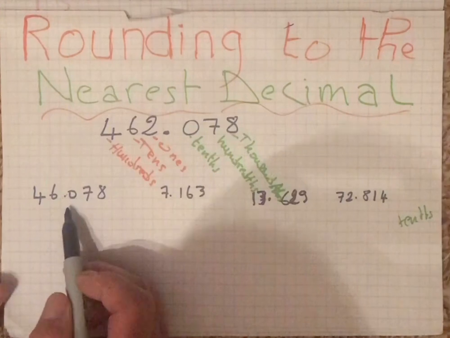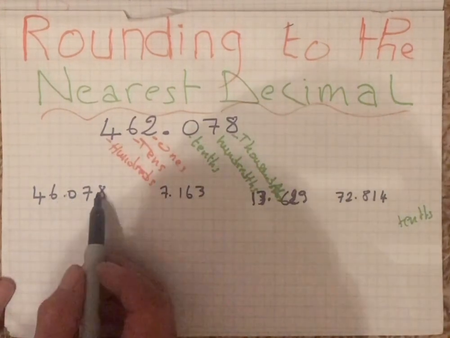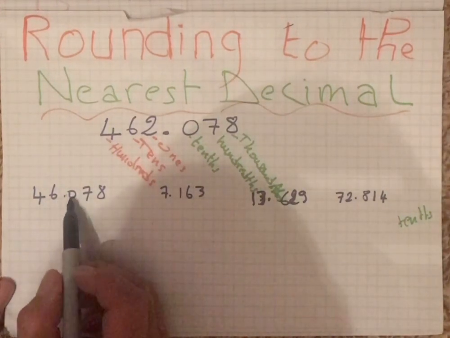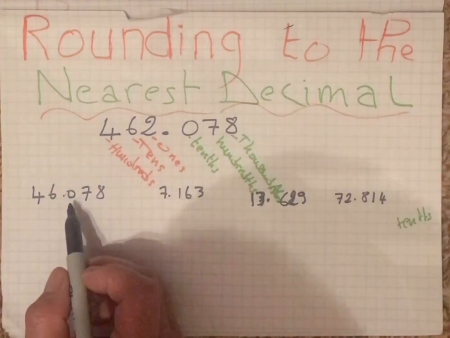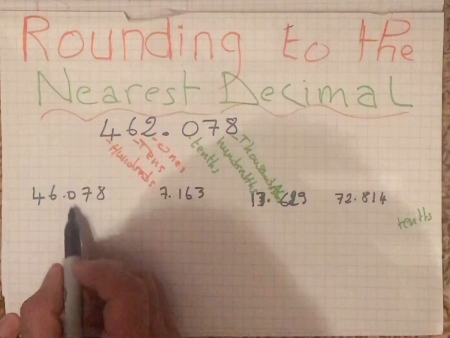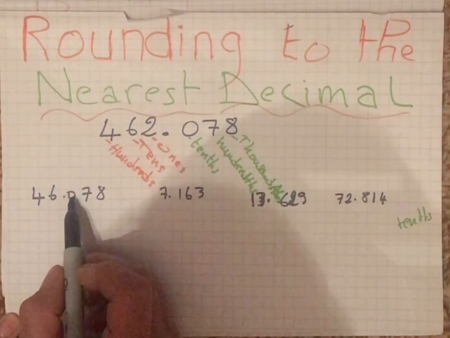Start with the first number, 46.078. Round this number to the nearest tenth. The nearest tenth is this digit. We decide whether this digit will go up or stay where it is.